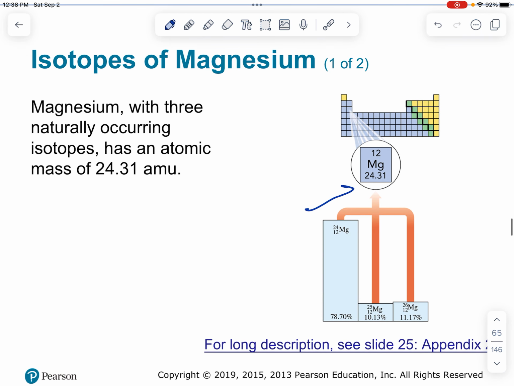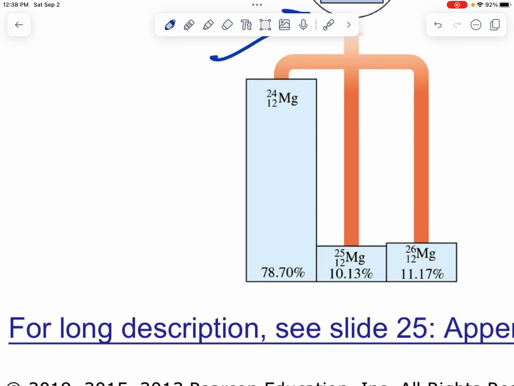But notice, if you go look on your periodic table, the mass you see is not an even number. It's 24.3. And that is because in nature there are multiple isotopes of magnesium that occur. If you look here, this is showing you there's 3.